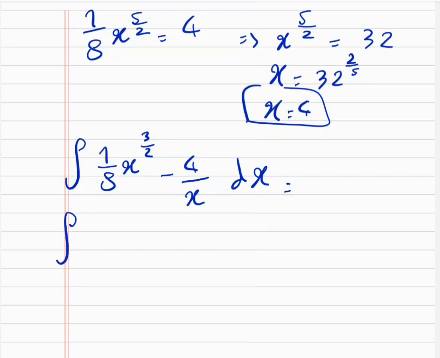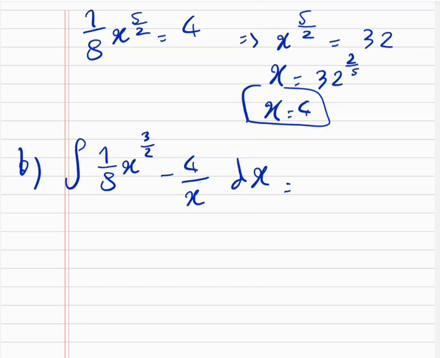Okay, so let's rewrite this integral in the form x to the... Oh, actually, we cannot do that, because the first term is already written in the form of x to the power of n. But the second term, 4 over x, with x on the denominator, if you write this as 4x to the power of minus 1, then there is a big problem because we cannot integrate that with the method that we have learned in Pure 1.